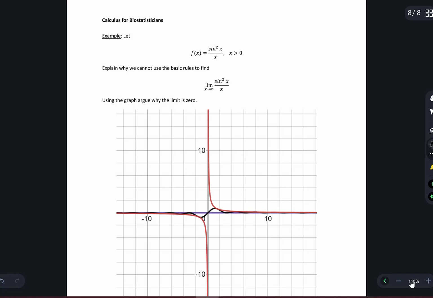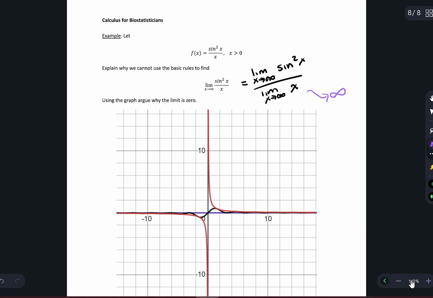So the reason that we can't use the basic limit laws is in order to apply the limit laws, we might look at something like the limit as x approaches infinity of sine squared of x over the limit as x approaches infinity of x. And notice that the bottom piece here is going to go to infinity.